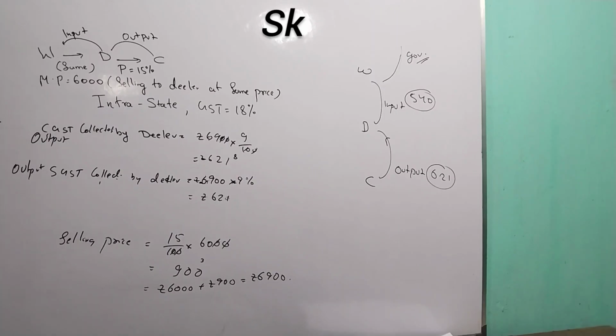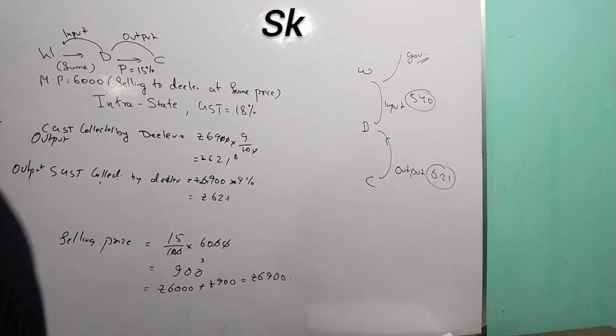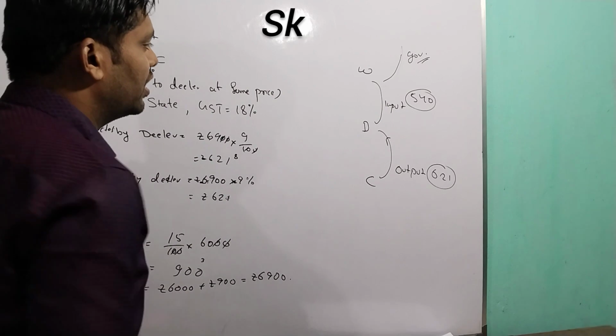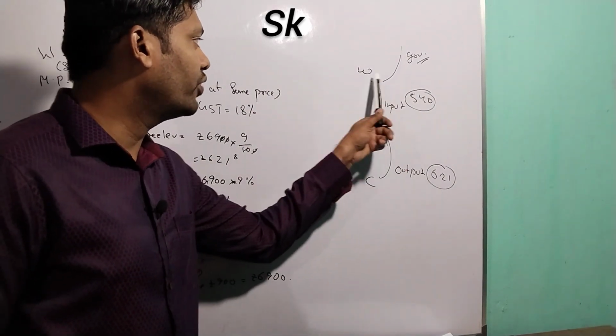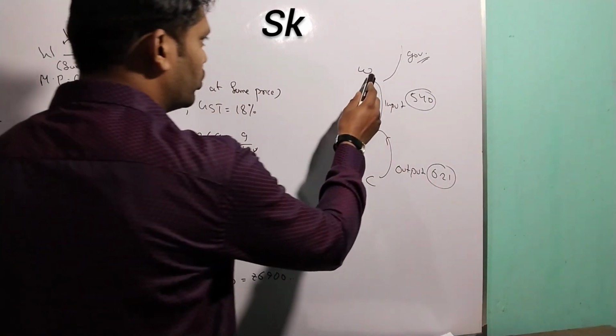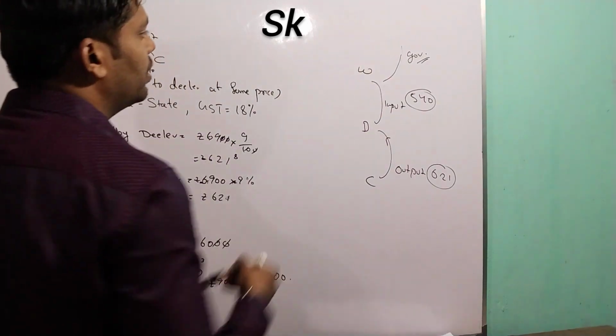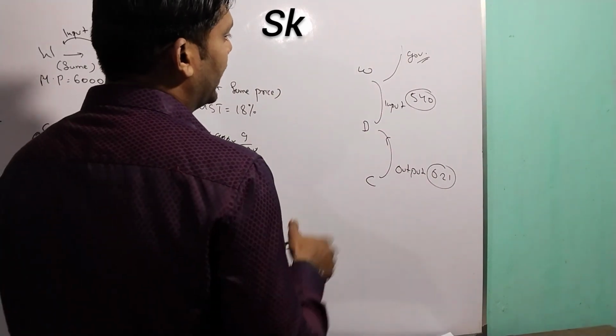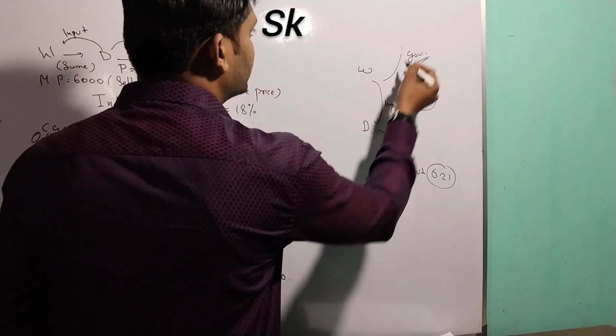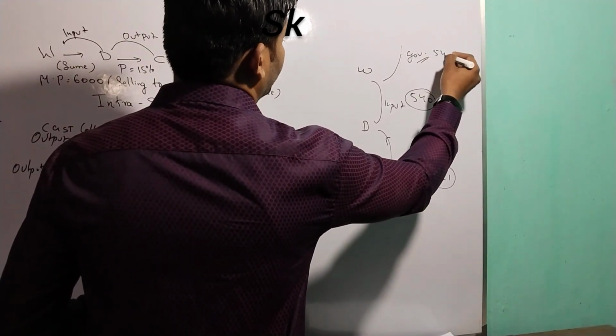So what we have understood from here is that this person, the dealer, has already given 540 to this guy, and what is he going to do? Will he keep the amount? No, he will give it to the government. So indirectly, he is giving the government 540 in the first case.